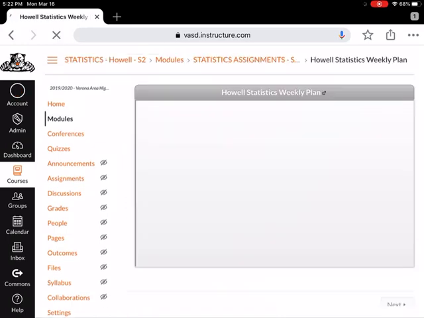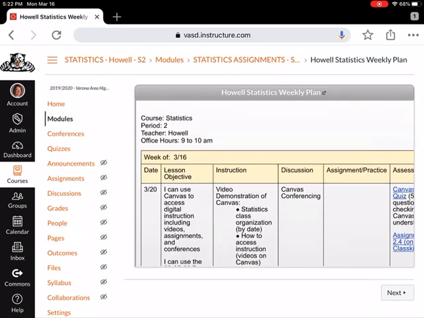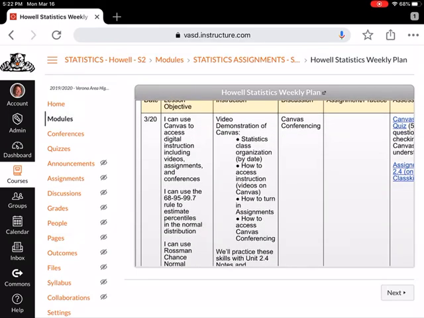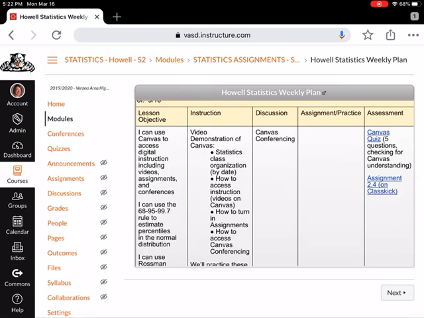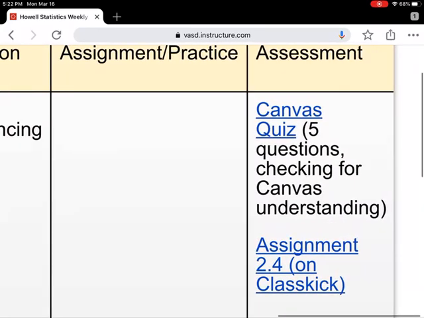And if I click on Howell Statistics Weekly Plan, you will see the plan for the week. So you can see that the course is Statistics, Period 2, with Ms. Howell. My office hours are from 9 to 10 a.m. And then I'll be posting our lesson objectives, our instruction. Most importantly, on the right-hand side of the screen here, I will post the assessments and the links to the assessments.